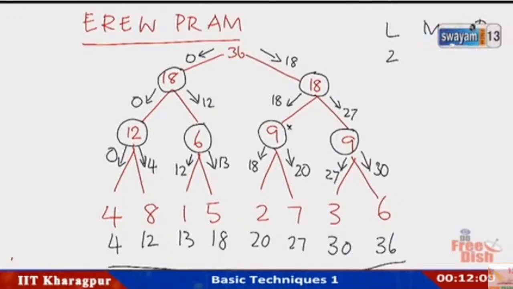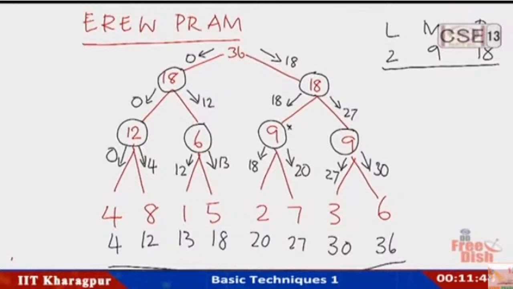The middle value is the sum of the values it receives from the 2 children, which happens to be 9: 2 plus 7, 9. And the right value is what it receives from above. What this node receives from above is 18. So the node that is marked here will contain these values when the algorithm is finished.